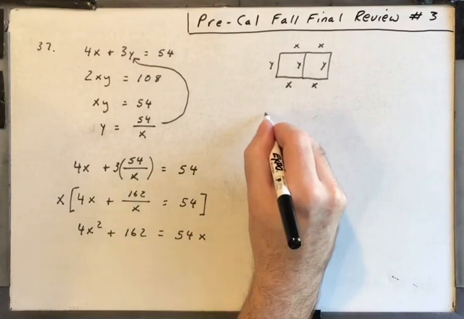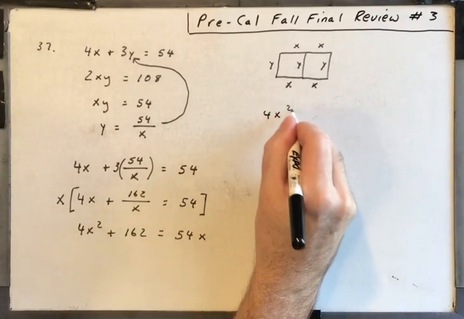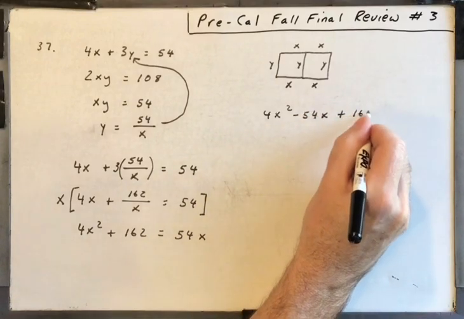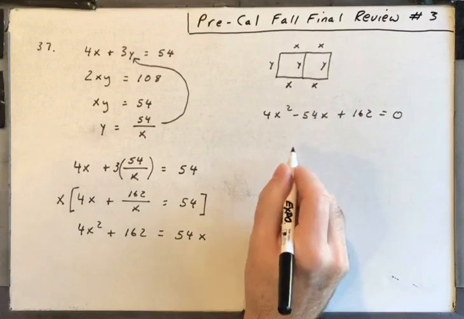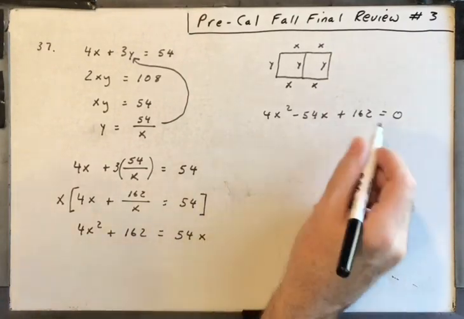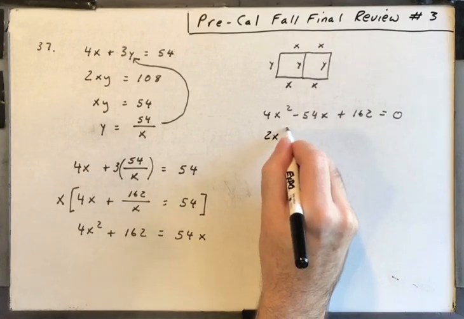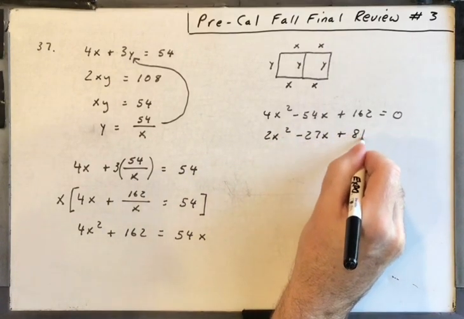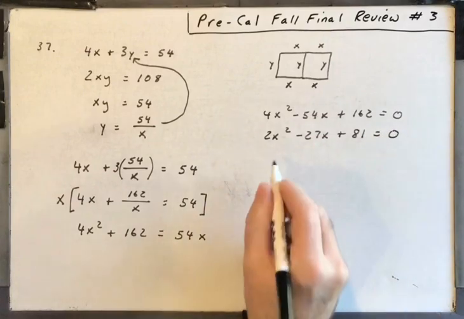All right, I'm going to rewrite that up here. 4x squared minus 54x plus 162 is equal to a bagel. All right, let's see if maybe we can factor a 2 out of this, make it a little easier. 2x squared minus 27x plus 81 is equal to bagel.